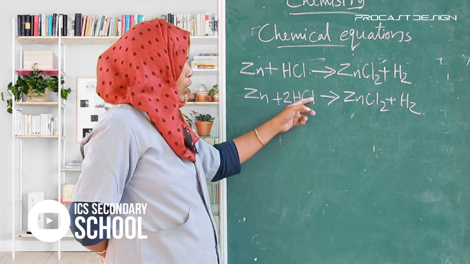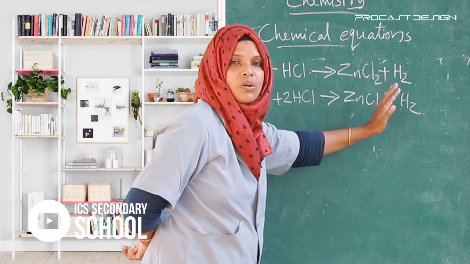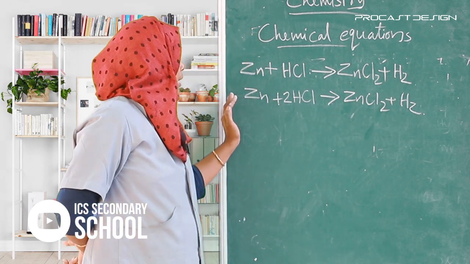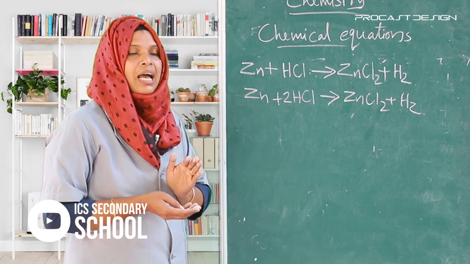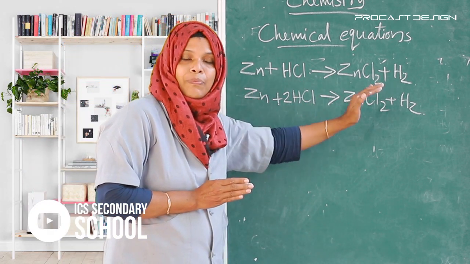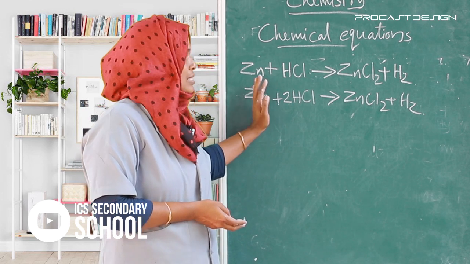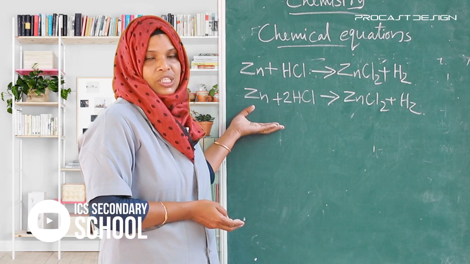Then consider chlorine: here the chlorine atoms are 2, and on the product side also 2. In this type of equation, the number of identical atoms on the reactant and product side are equal. This type of equation is known as a balanced chemical equation.